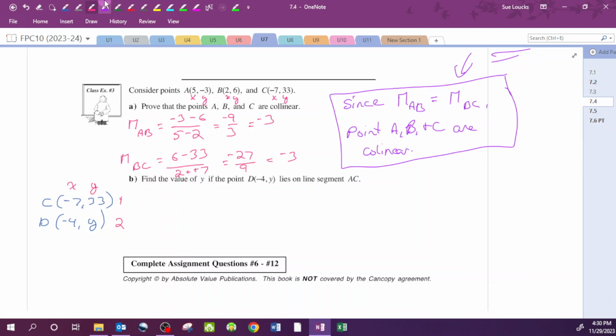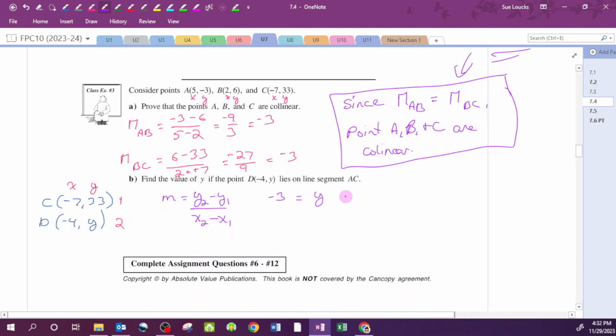All right, and then I have my slope equals y2 minus y1 over x2 minus x1. Then I'm going to put some values in here. I know that my slope is -3 because that's what it was up above. So -3 equals y2, which is just y.